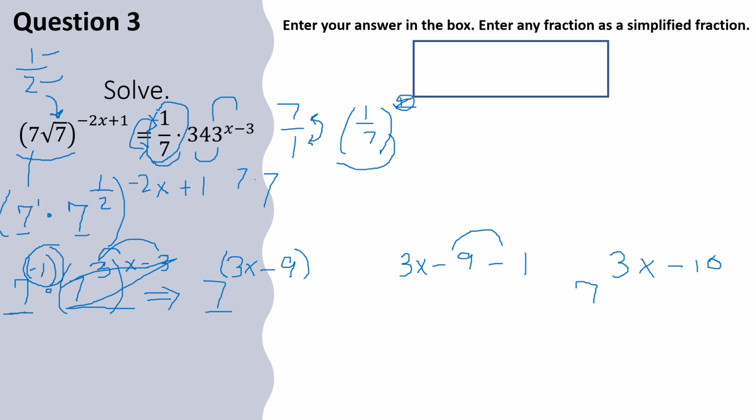All right, remember the left-hand side, when we simplified this, let's see if I've gotten this simplified yet. I don't have this simplified yet. I'm trying to go too fast again. So this is 7 to the 1/2 power.